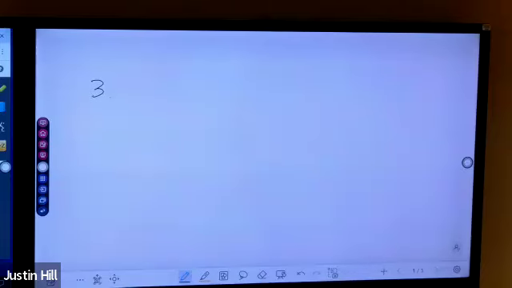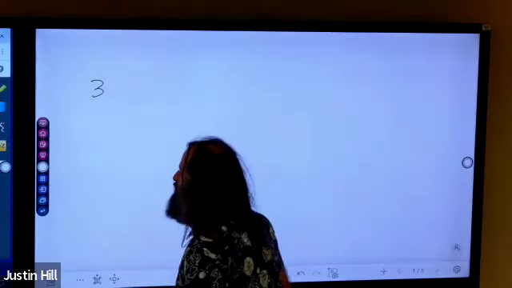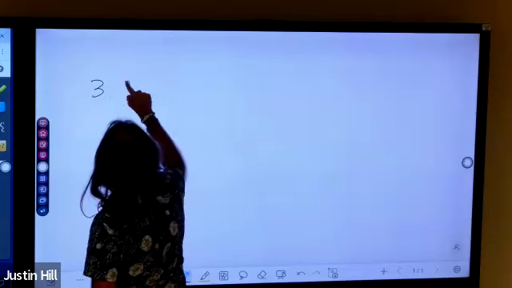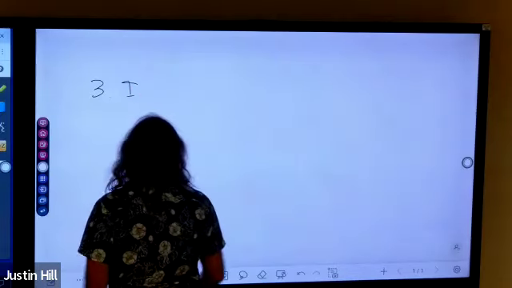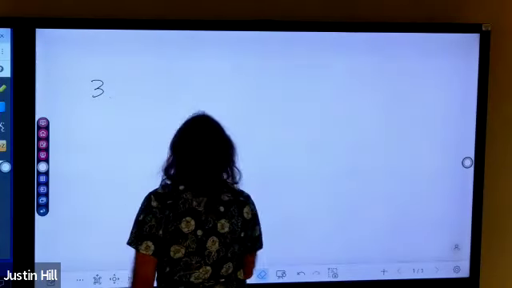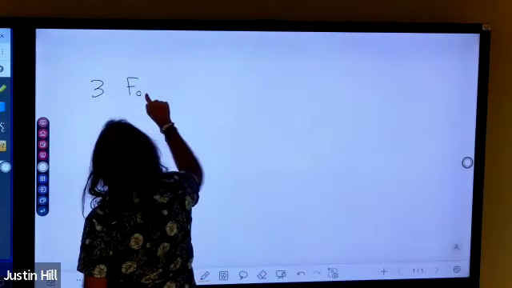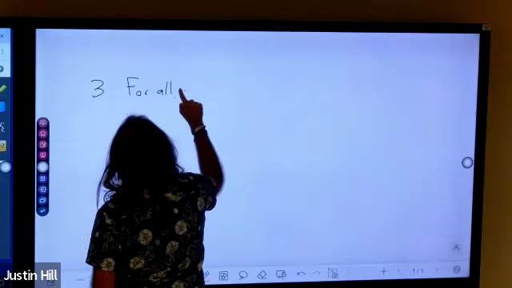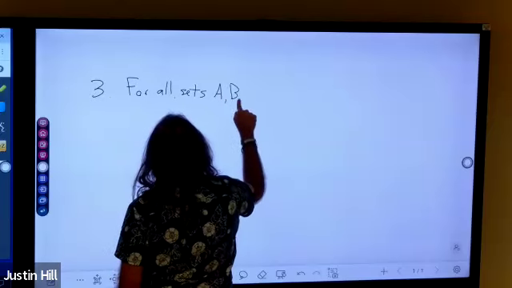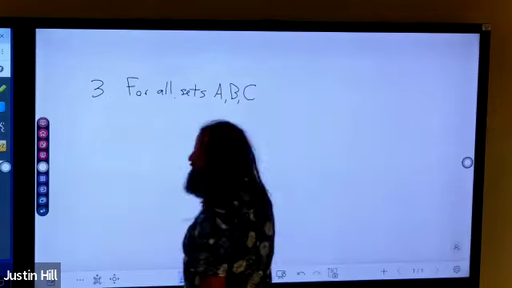And so the proof that they're trying to go for in three, just to write this part out even though you have it in front of you, the key here that I really want to emphasize is we're trying to say for all sets A, B, C. And I even want to stop there for a second.